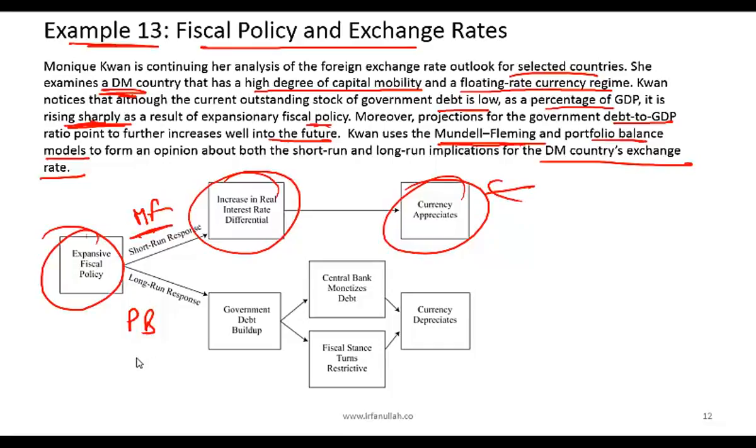What does the other model say? The other model is the portfolio balance model. If the country keeps pursuing an expansionary fiscal policy, what will happen to the level of debt? The government debt will keep going up. If the government debt keeps going up, what are the two things that are likely to happen?